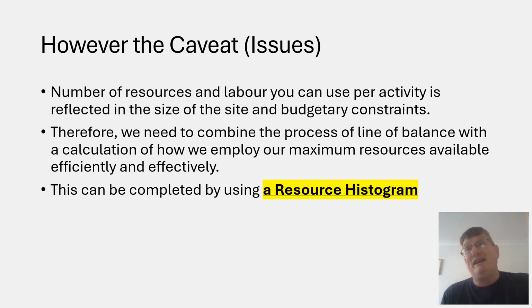Is how much labor we can have on site at any one time. If the physical aspect of the site is such that we can only have 20 operatives on that site at any one time, if we have 25, they're going to get in each other's way. So that's going to have a detrimental effect on productivity. So we're always after this sort of ceiling, if you like, how many workers we can have on site at any one time, and we mustn't go above that ceiling.